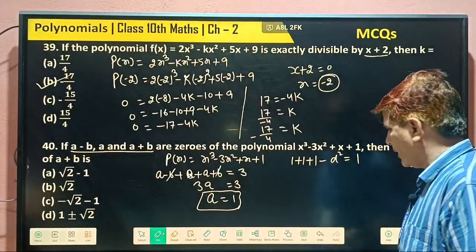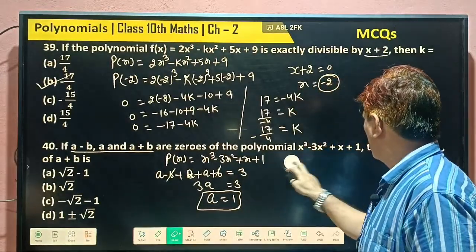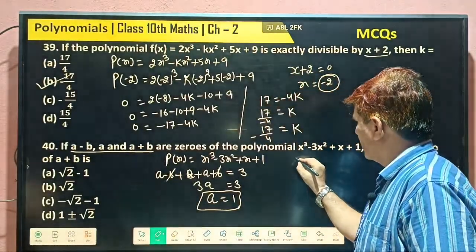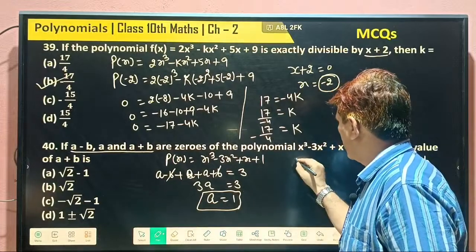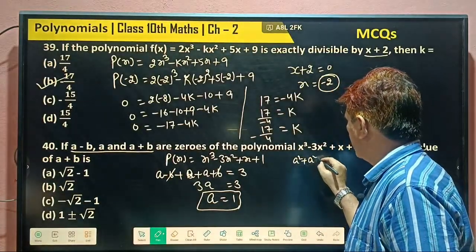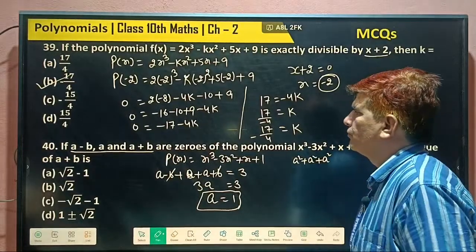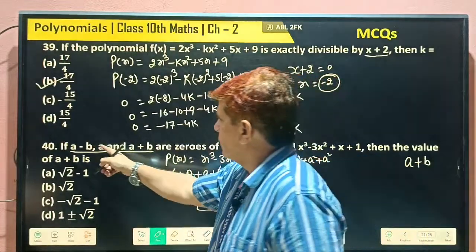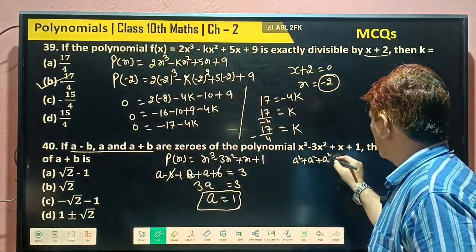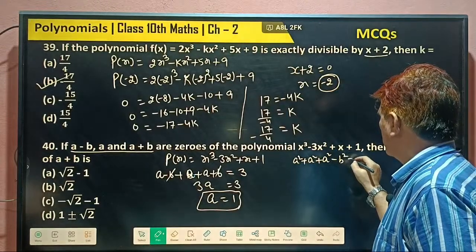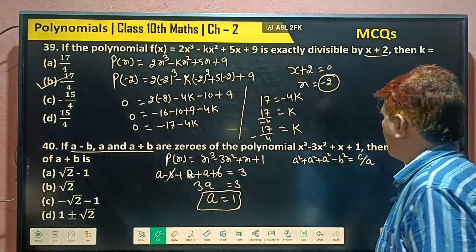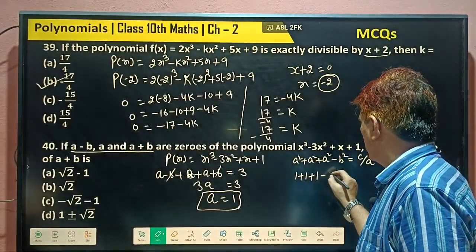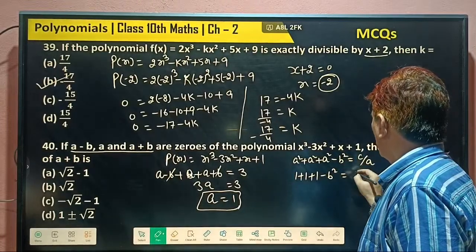Here d is b, the common difference. So a square plus a square plus a square minus b square is equal to c by a, which gives 1 plus 1 plus 1 minus b square equals 1.